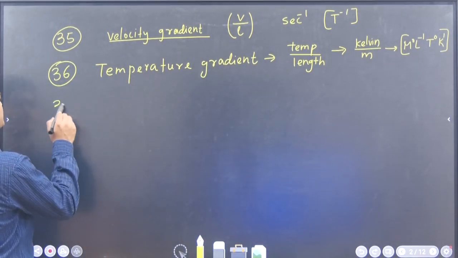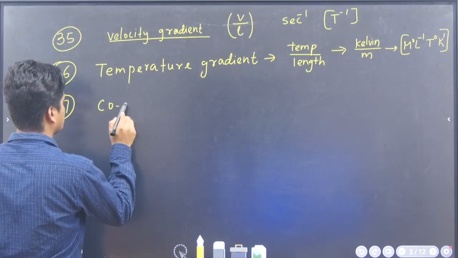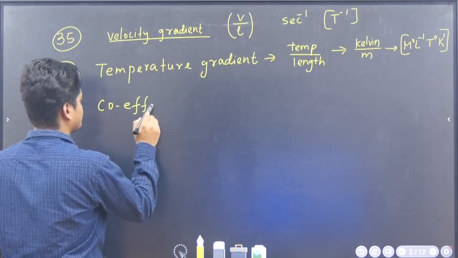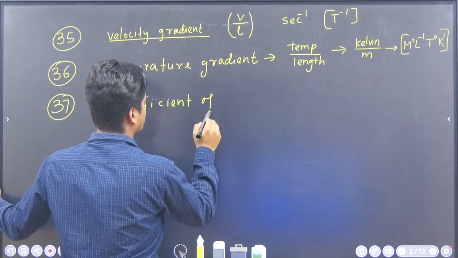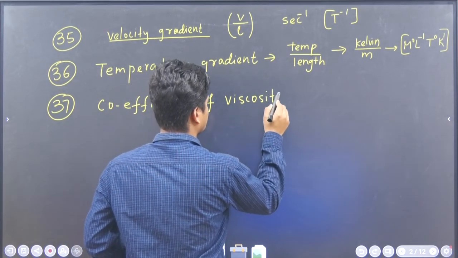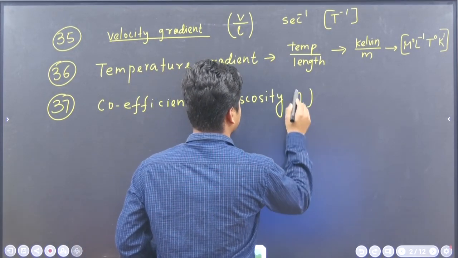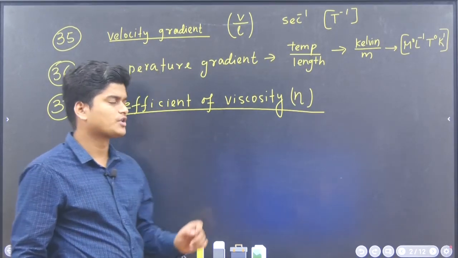Now understand the next quantity, 37: coefficient of viscosity. The symbol is basically given as eta. What is this?